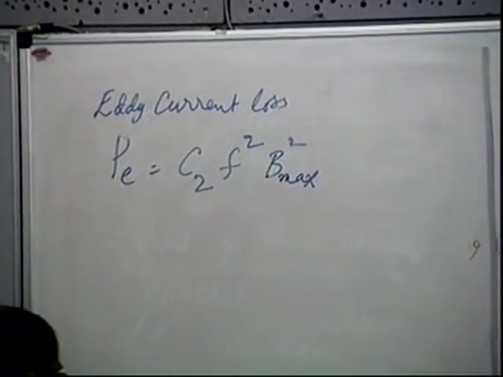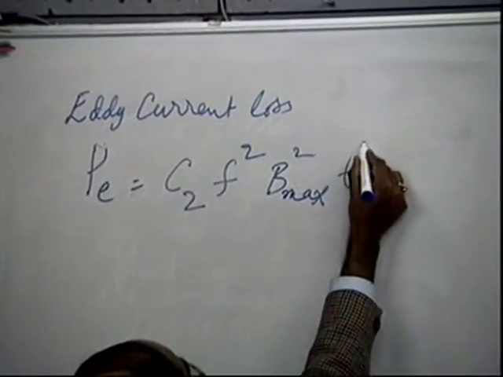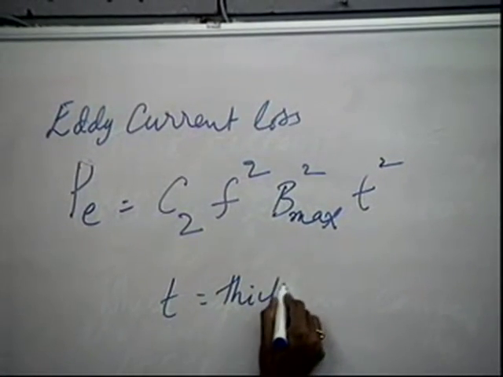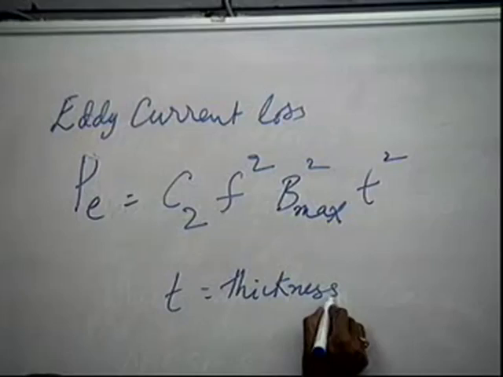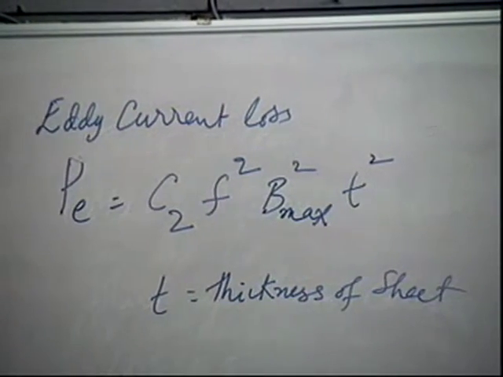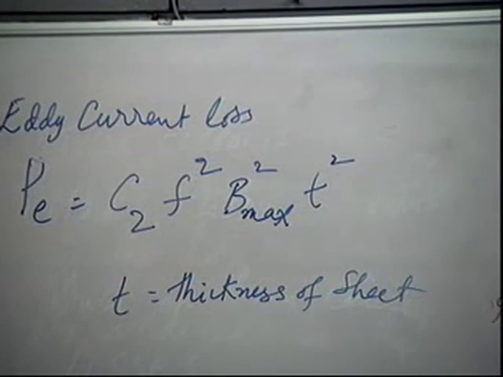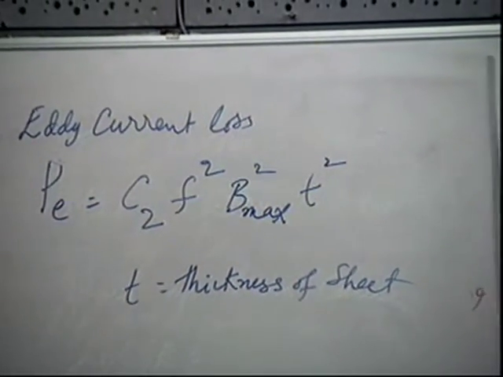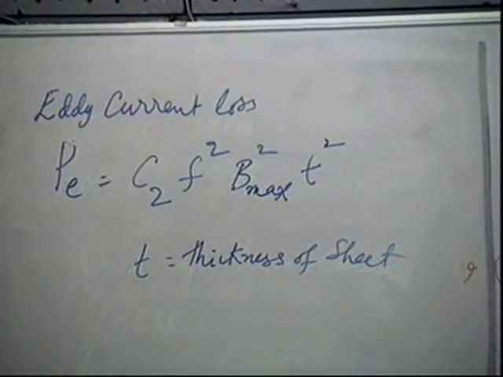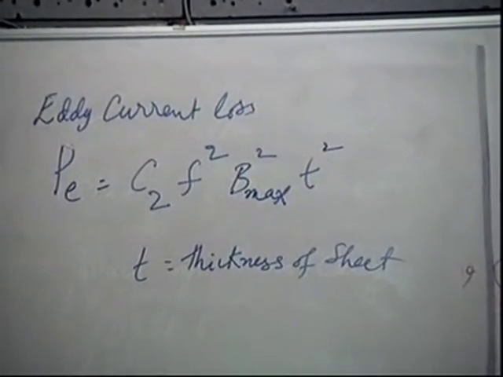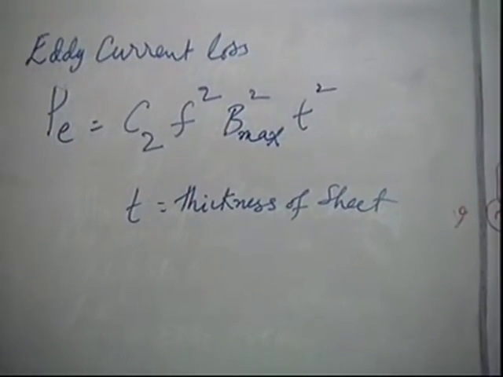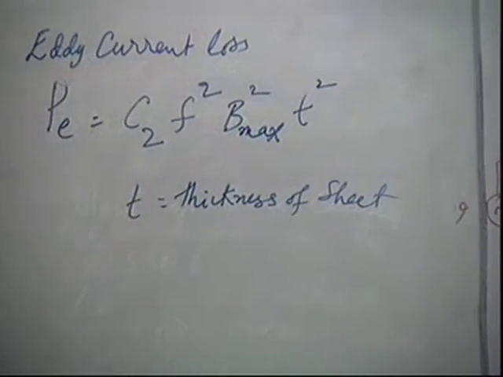It is also proportional to T square, where T is the thickness of each of the laminations. So this loss is also prevalent in AC magnetization, not in DC magnetization.